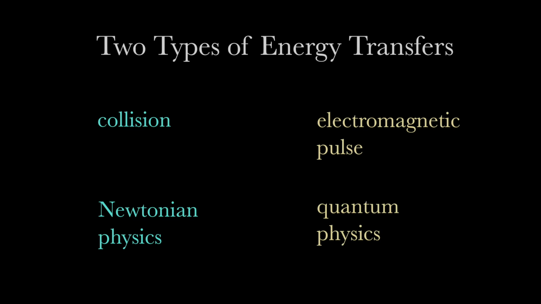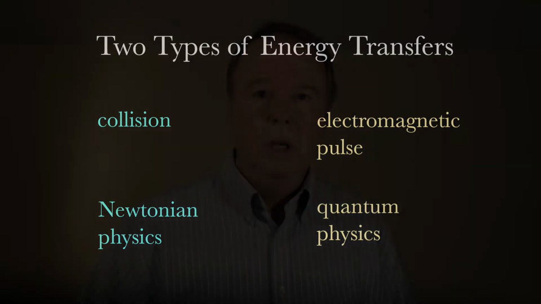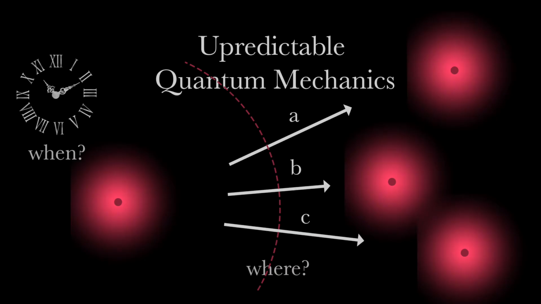In contrast, scientists use quantum physics to handle the pulses of energy. Newtonian physics are totally predictable. On the other hand, quantum events are unpredictable for two reasons. Scientists don't know when a pulse will be sent or where it will be received. They can only observe the outcome of many such energy exchanges and develop probability formulas.